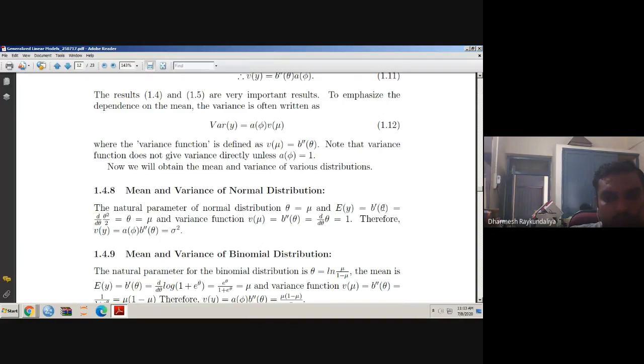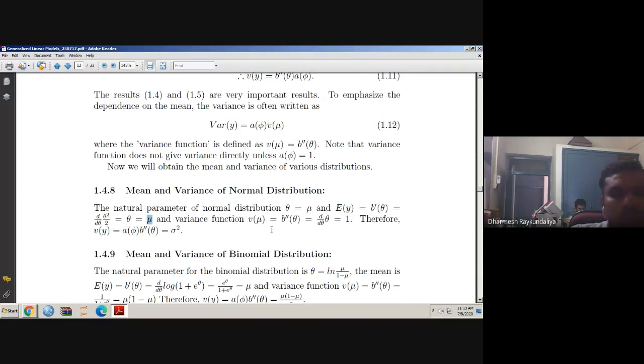In a normal distribution, theta equals mu and b theta equals theta square by 2. So b dash theta is the derivative of b theta with respect to theta. So what will you get? 2 theta by 2, the 2 cancels out, it is theta, and that is equal to mu. So the mean of a normal distribution is nothing but mu.